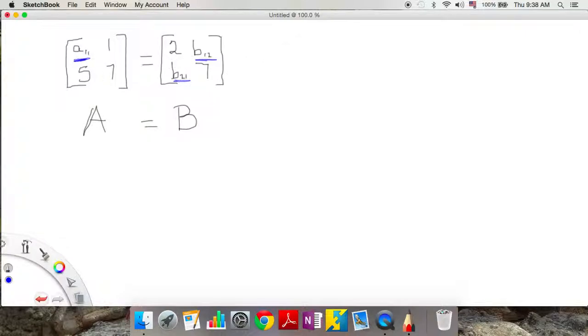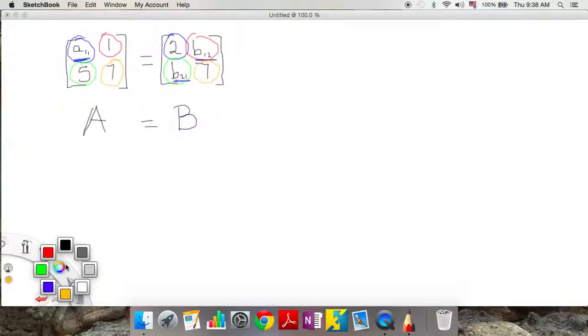If we want these to be equal to each other, then whatever's in this spot has to be equal to what's in the same spot in the other matrix. Whatever's in this spot has to be the same here, and whatever's in this spot has to be the same here.